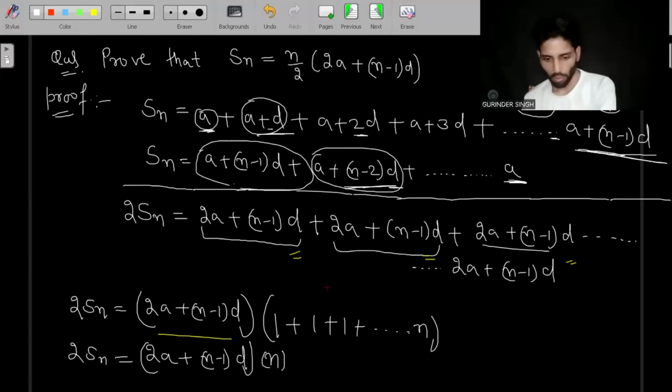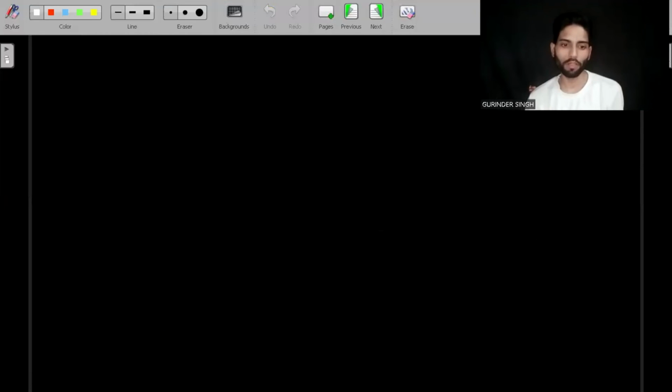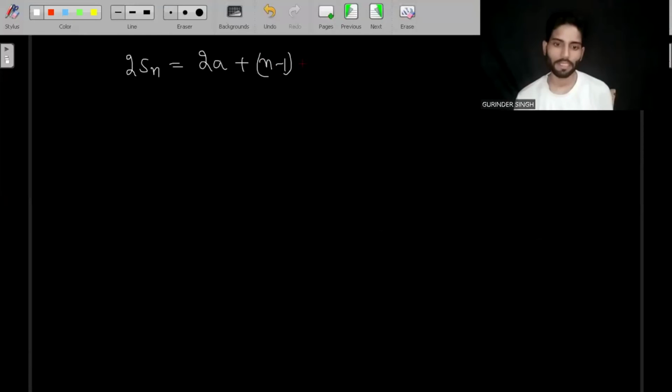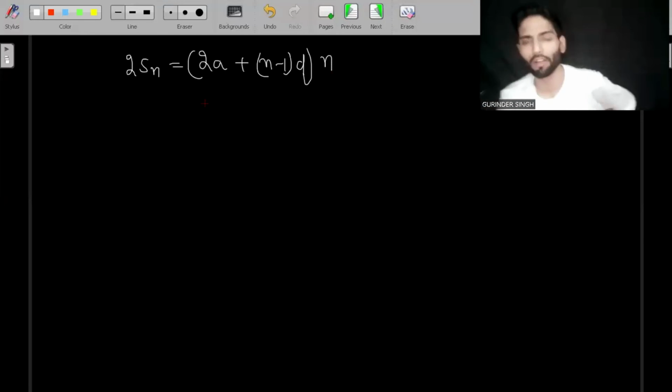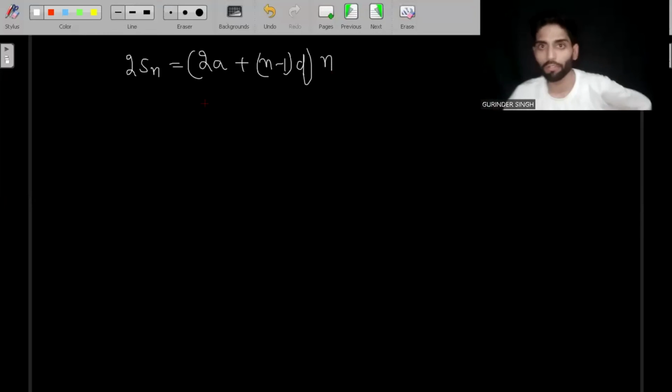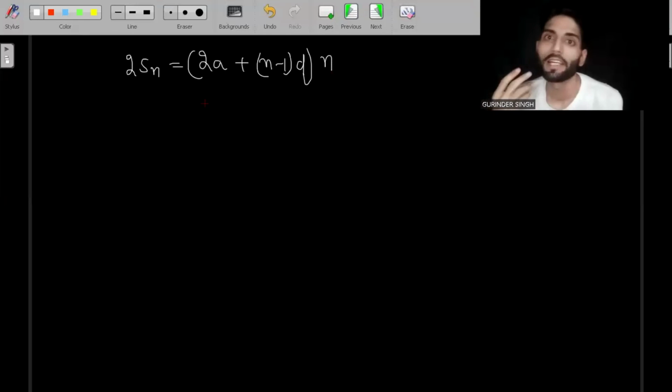Let me go to the next page. So now we got 2Sn is equal to (2a plus (n minus 1) into d), and outside there is n, right? Why did we create all this? Because of Sn, right? You want to find the sum of the first n terms in an AP.